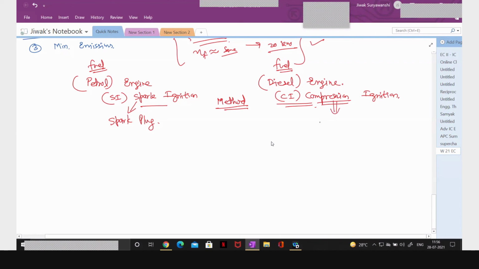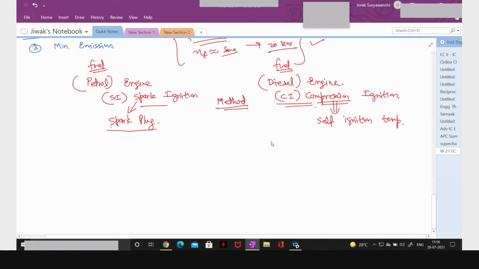So with the help of compression only, we are achieving the required temperature. So that is the self ignition temperature of fuel. So the self ignition temperature of fuel is achieved by compression. While here we achieve the self ignition temperature by igniting a spark. There will be a spark, and because of that spark, the local temperature becomes greater than the self ignition temperature of fuel.